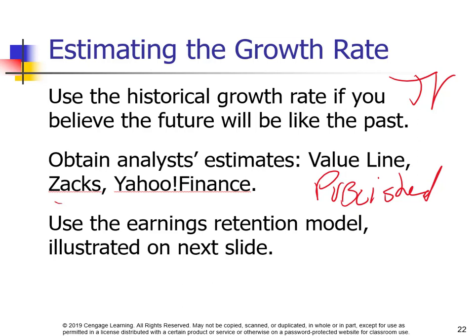So earnings growth and dividend growth, under those circumstances, those numbers are going to be very close together. So again, if we look at estimated growth of earnings per share, that is also an estimate of the dividend growth rate.